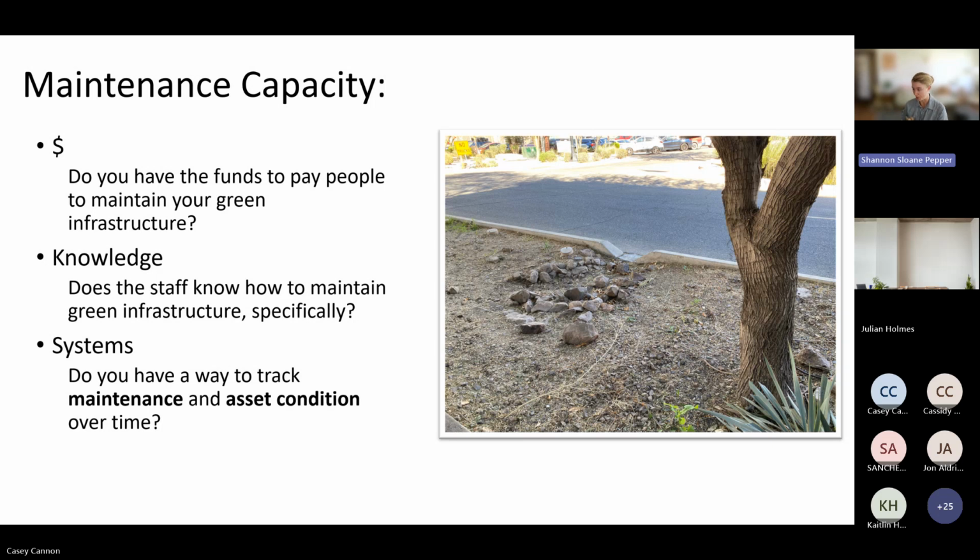So think about staff knowledge and capacity, in addition to just, do you have the money to pay people to maintain your green infrastructure? And then there's the systems component. Do you have a way to track your maintenance and your asset condition over time? That's going to help inform what kind of maintenance needs to be performed on the asset and by whom.